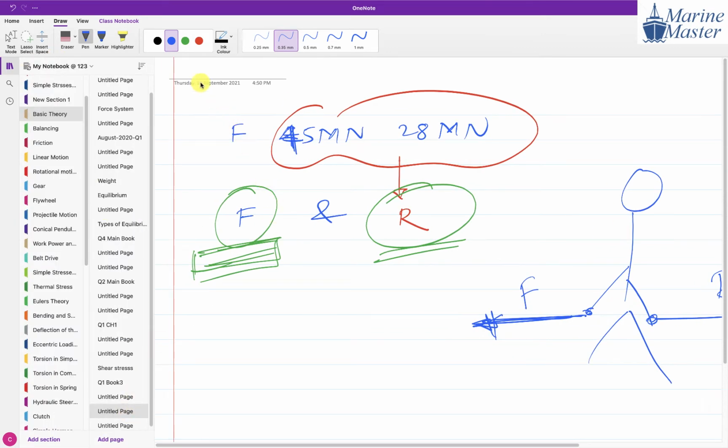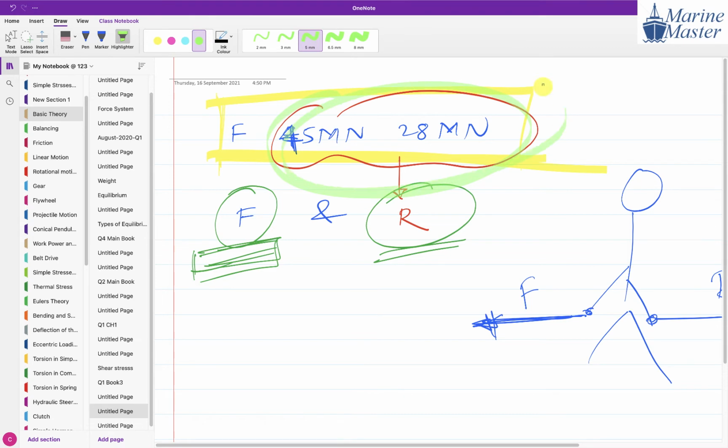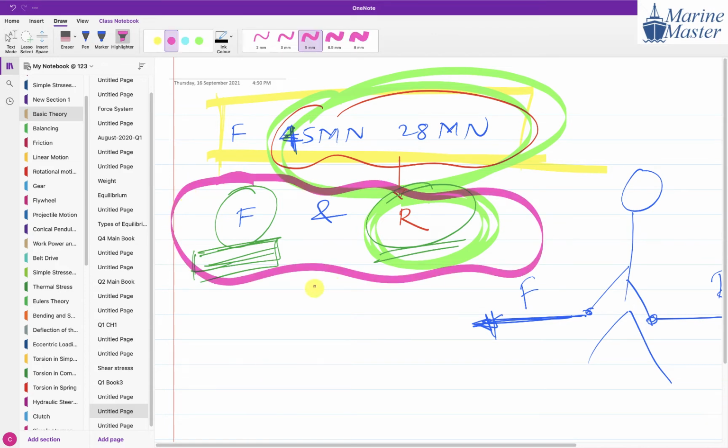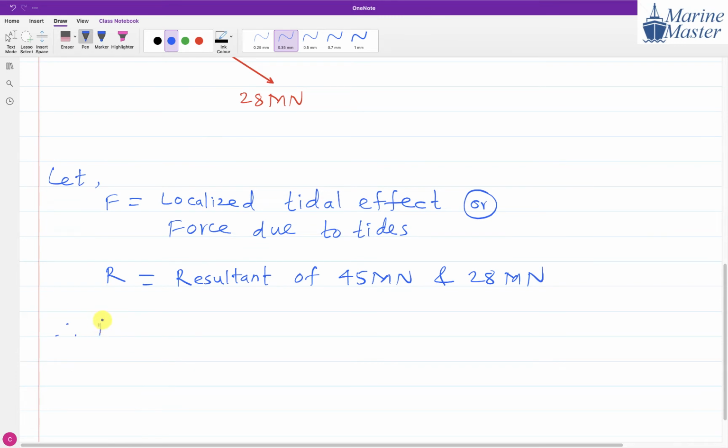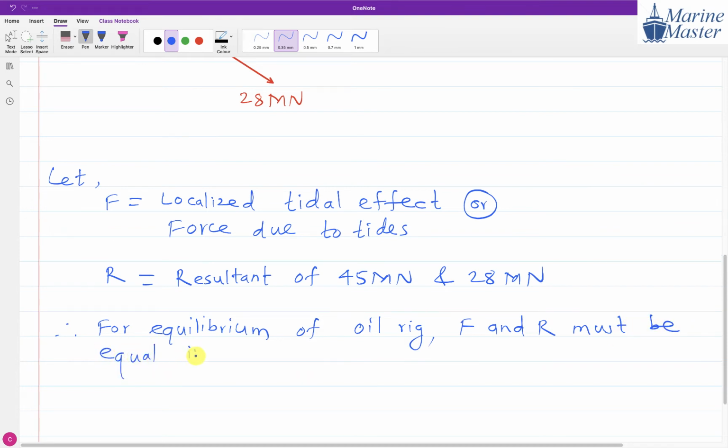So here, initially we have 3 forces, but out of that, 2 forces are replaced by R. At the end, only 2 forces remain, F and R. Therefore, for equilibrium of the oil rig, F and R must be equal in magnitude and opposite in direction.